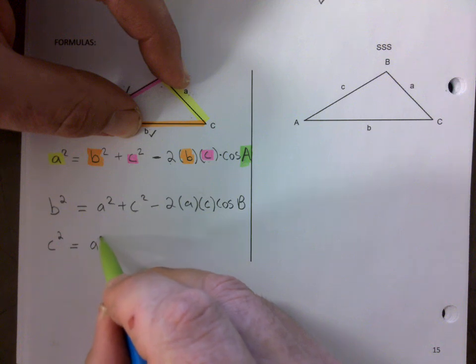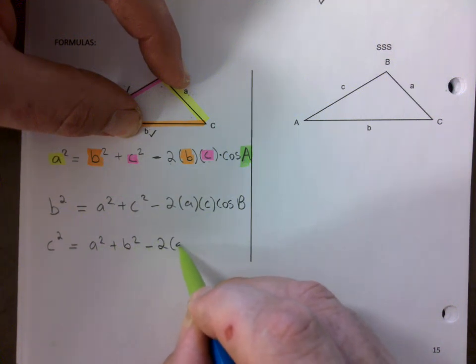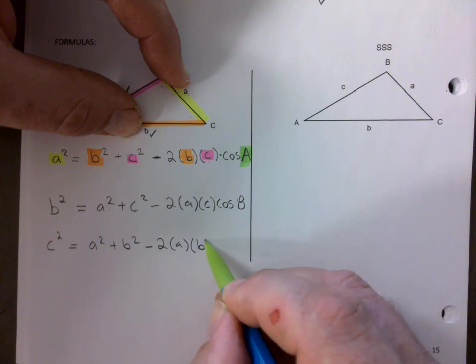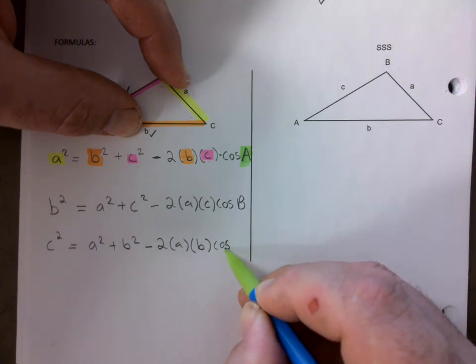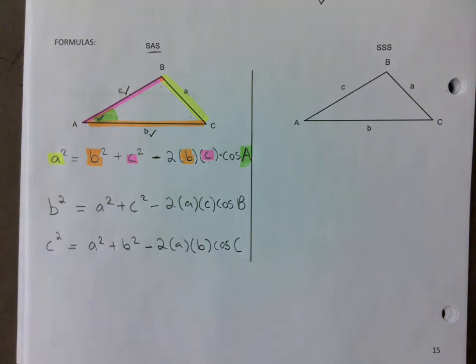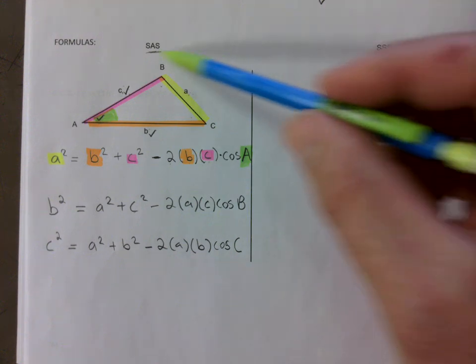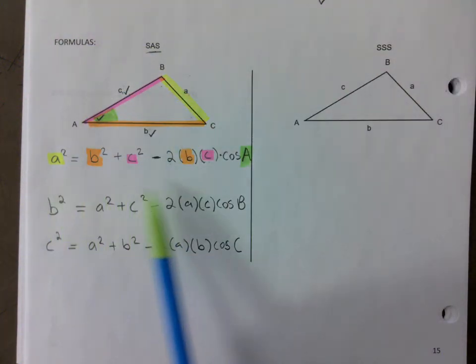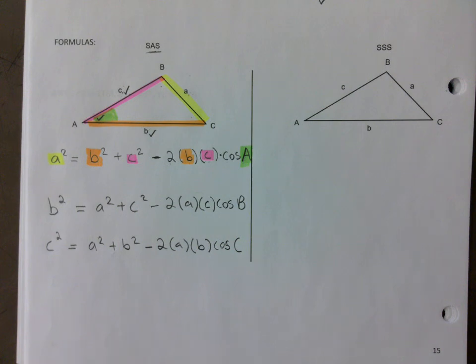So you'd go a squared plus b squared minus 2 times a times b times cosine of c. I would argue do not have all of these on your study sheet. I would just say this one right here. Okay, so later on I'll box in this entire region here so you have both formulas on your study sheet.